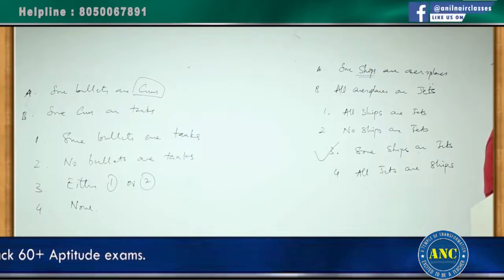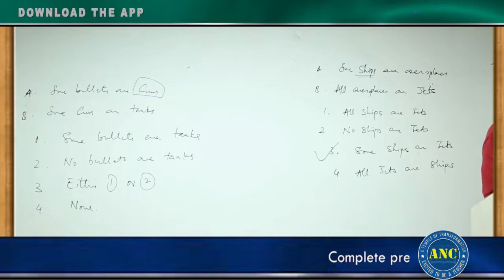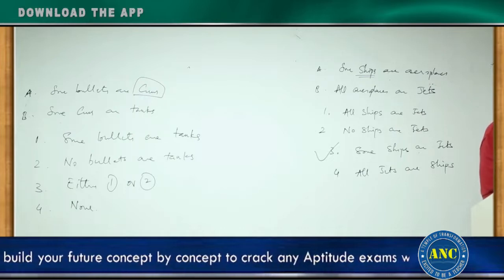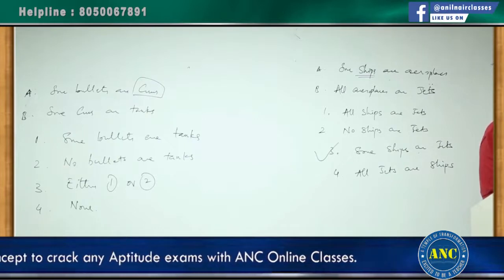Point one. Each of the conclusions in the pair should not be valid or true individually.